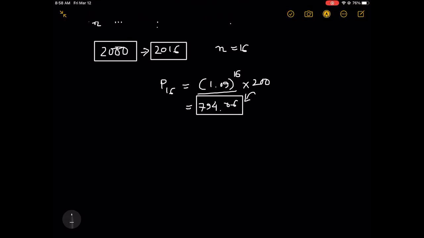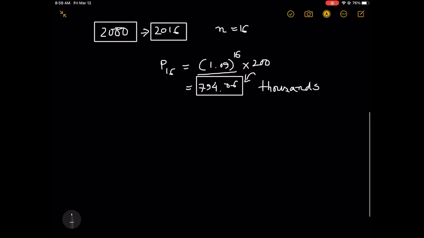Okay, so now we have a population to calculate, right? And it's in thousands, not 200,000. So what can we do to make this look better?